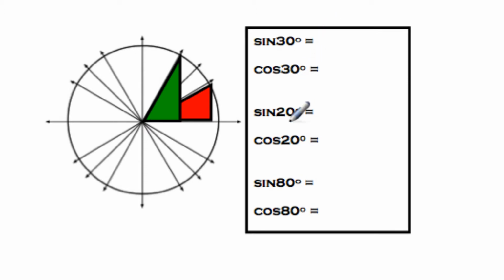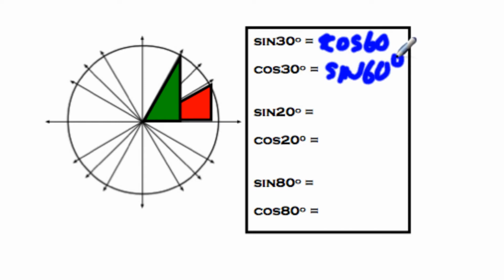So what we can say is that the sine of 60 degrees, this side over here, is really the same thing as the cosine of 30 degrees. So the sine of 30 is going to be the same thing as the cosine of 60. The cosine of 30 degrees, this large side over here, is the same thing as the sine of 60 degrees.